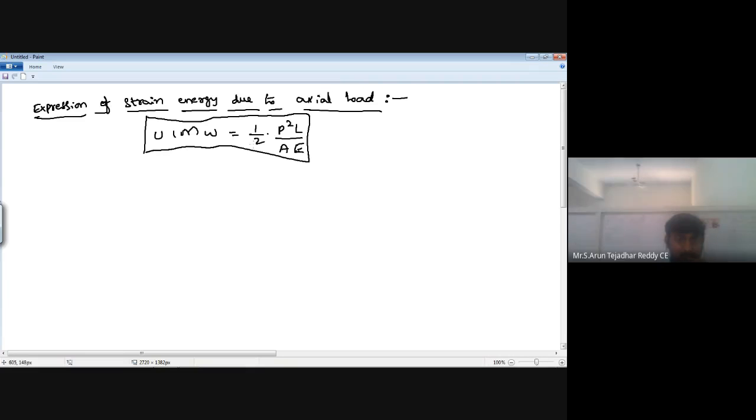That means this is our formula. By using the strain energy due to axial load, we should solve this derivation.